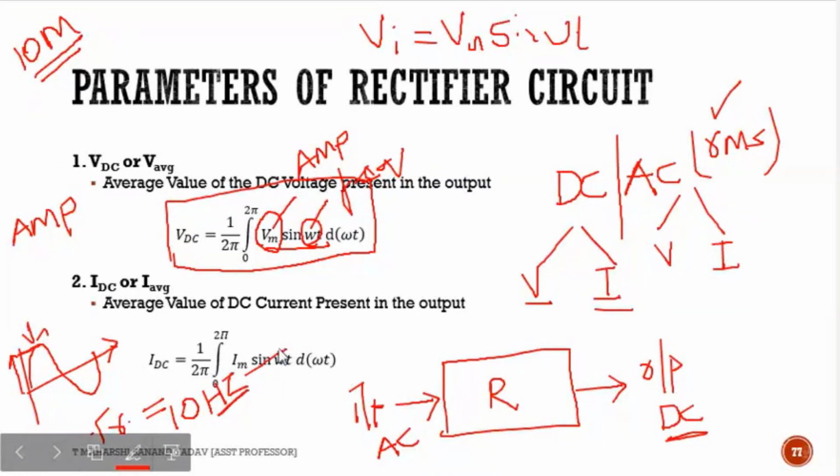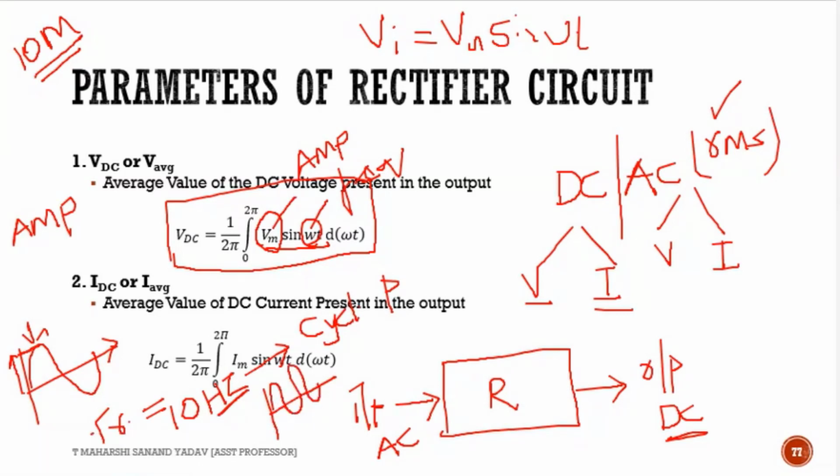It can also be called cycles per second. Right, cycles per second. So if it is 10 hertz, there will be 10 cycles within 1 second. So suppose this is 1 cycle, second, third, like this 10 cycles will be there in 1 second. I hope you know all these concepts, right?